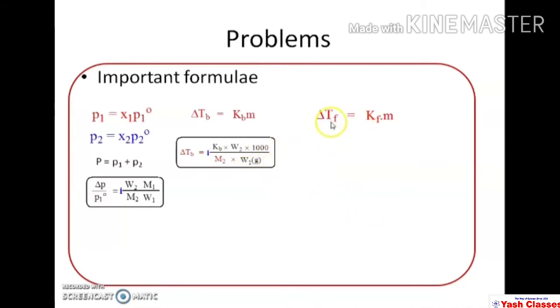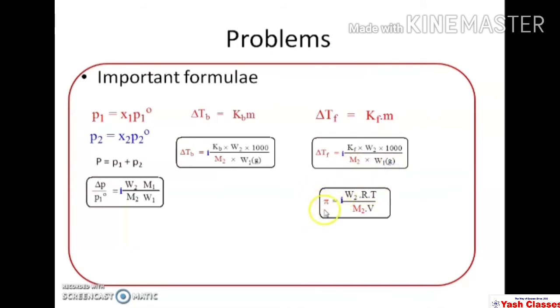Depression in freezing point is given by this formula. Delta TF is equal to Kf into m. Kf is the cryoscopic constant, m is molality, and this relation is applicable for non-electrolytic solution. And for electrolytic solution, you need to multiply the right side term by i, the van't Hoff factor. Similarly, delta TF is equal to i into Kf W2 1000 by M2 W1.